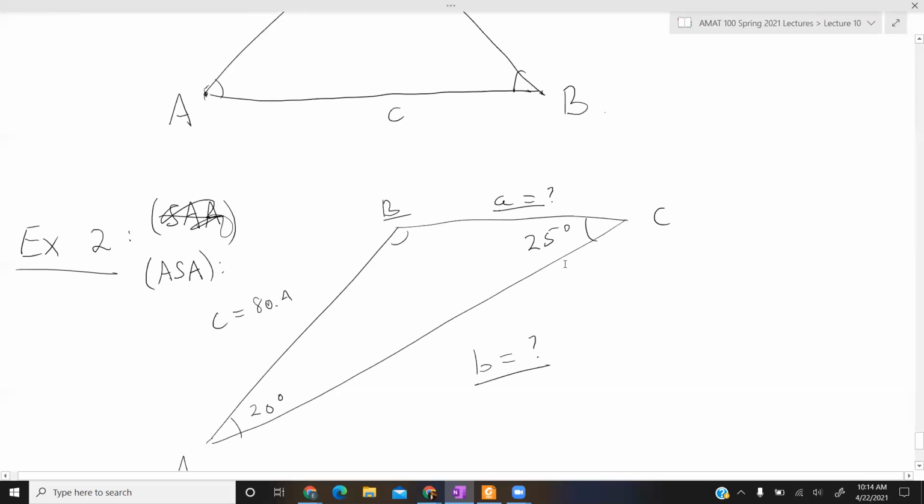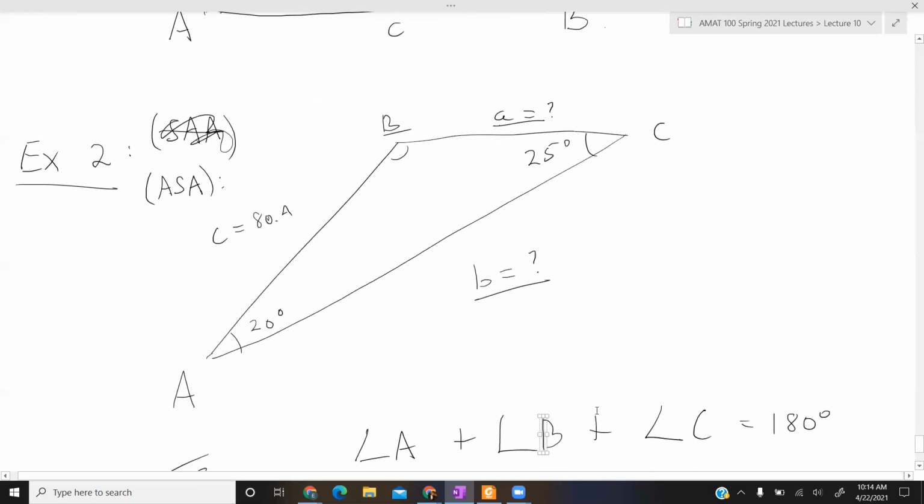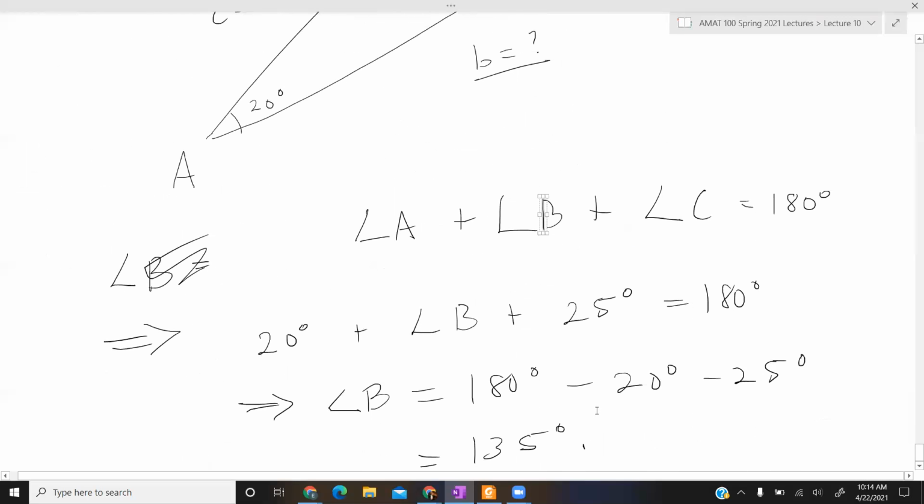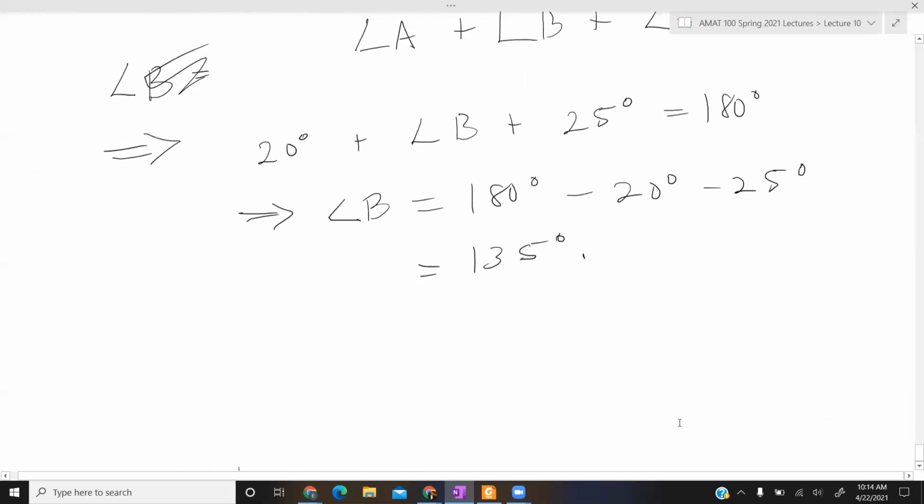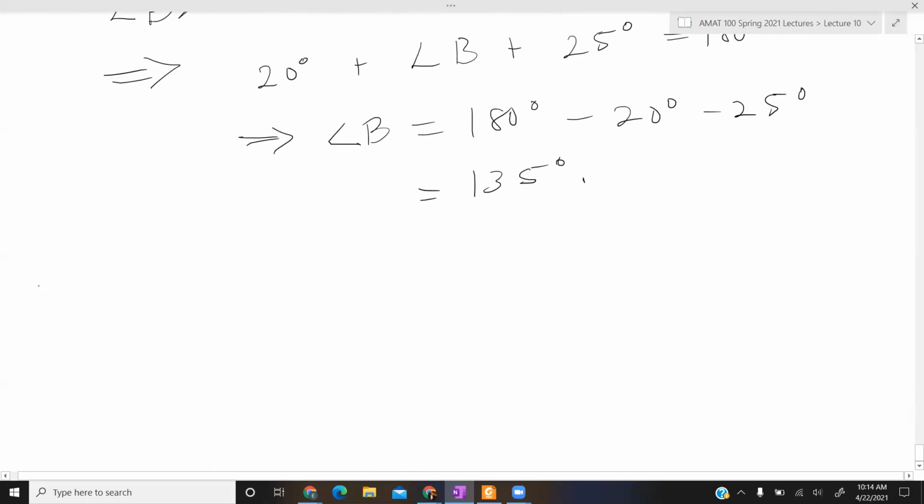Now we just need to find, no, sorry, not angle, but side A and side B. So to do that, now we need the law of sines. So recall that one equation in the law of sines is sine of A over A. Notice the correspondence: you always match up the A's, and then sine of C over C, match up the C's.